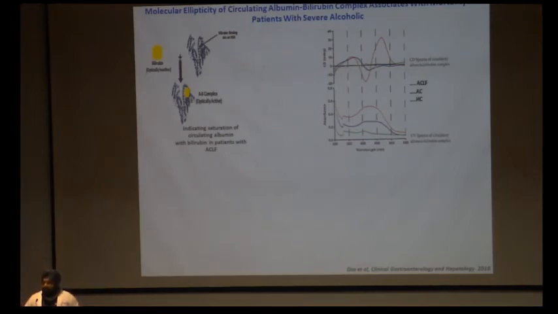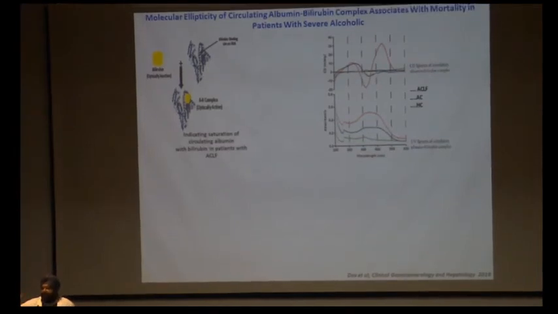By using circular dichroism spectroscopy, we can determine the albumin-bilirubin binding, which would be, the lower the albumin, the higher the bilirubin, the more the binding would be. And we found that circular dichroism spectroscopy was able to differentiate those patients who had higher mortality from those who had lower mortality.